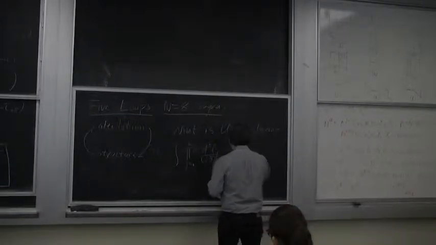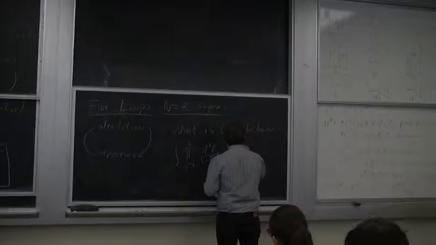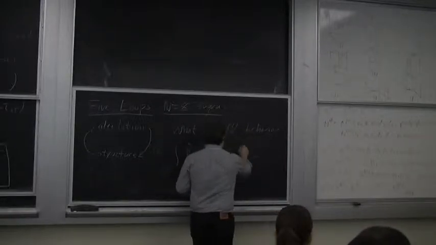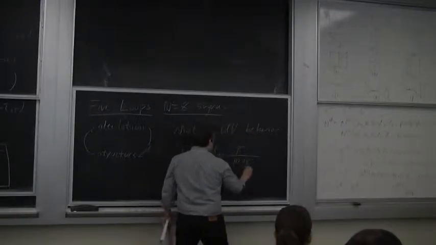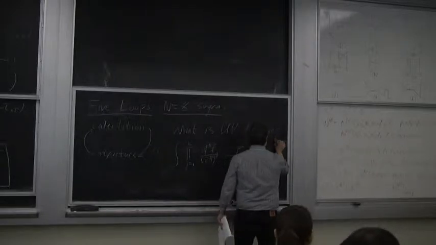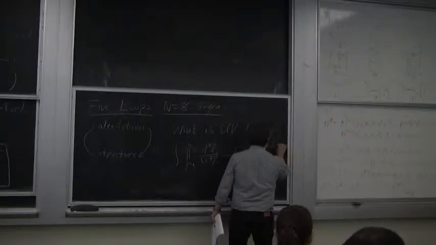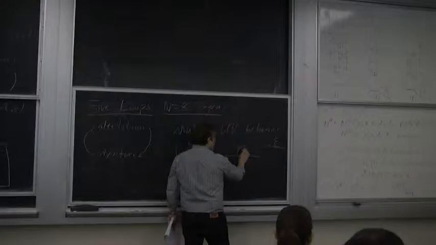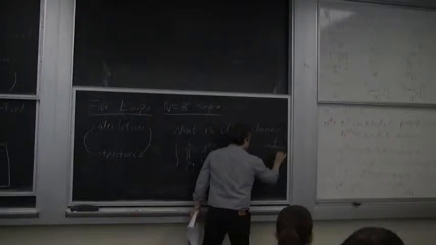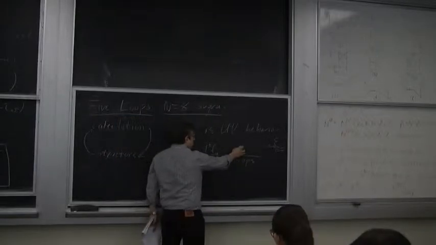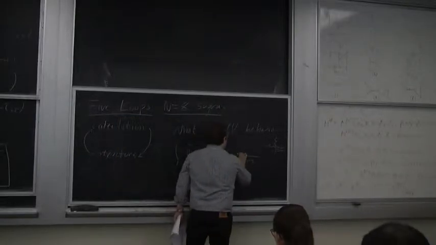The general structure, there's some propagators, there's some momentum up here that comes from a vertex. Let's say there's a 3 gluon vertex, let's say in Yang-Mills. Then we all know that this has 1 power of momentum, so there'd be 1 power of a loop momentum here.